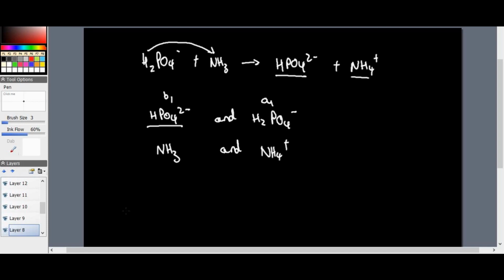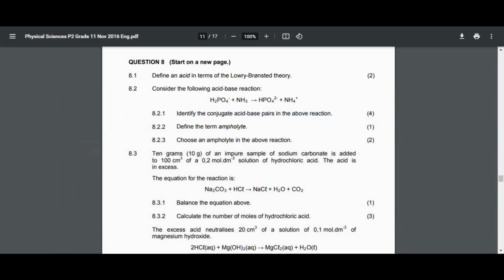And then 8.2.3, we skipped 8.2.2, define the term ampholyte. We know what an ampholyte is, a substance that can act as an acid or a base. The 8.2.3 says choose an ampholyte in the reaction. In other words, it can either accept or donate a proton.